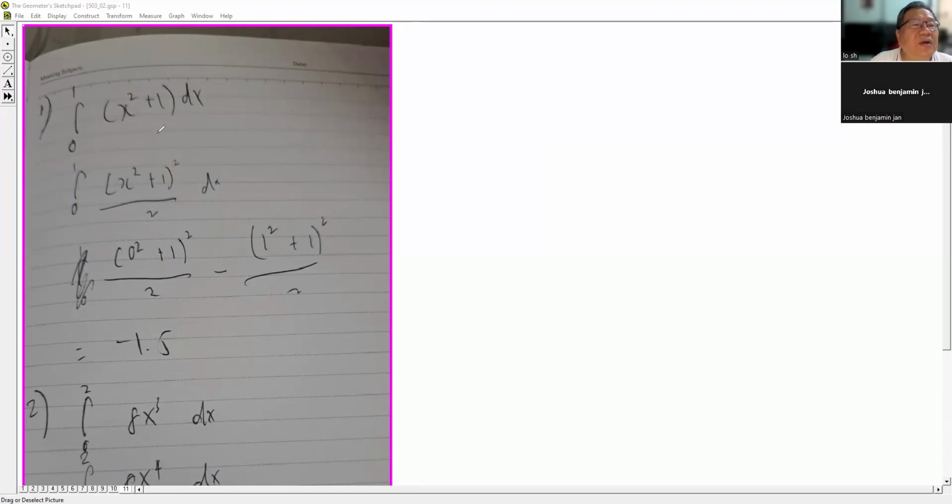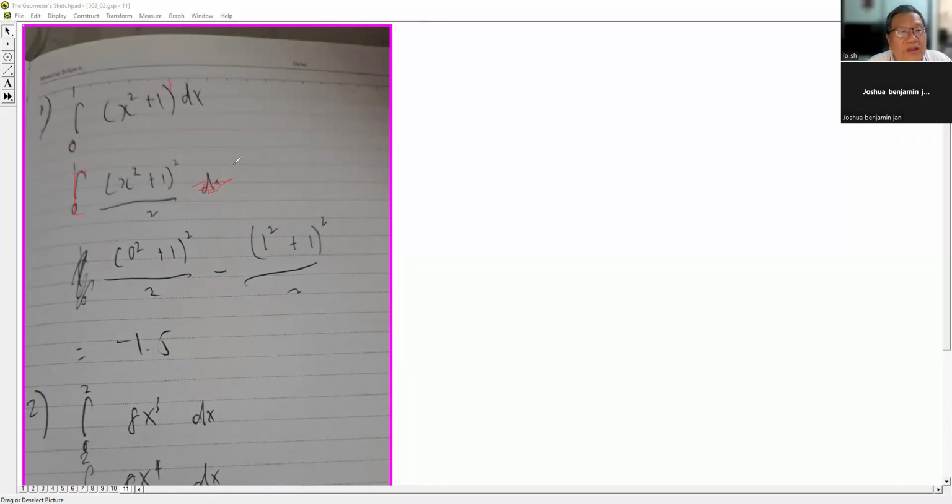Now, because you consider this as power of 1. Then you integrate, it becomes power of 2 divided by 2. Now, this method you can use provided the function inside the bracket is linear. Now, the function inside the bracket is not linear. It's quadratic. It's x squared plus 1.